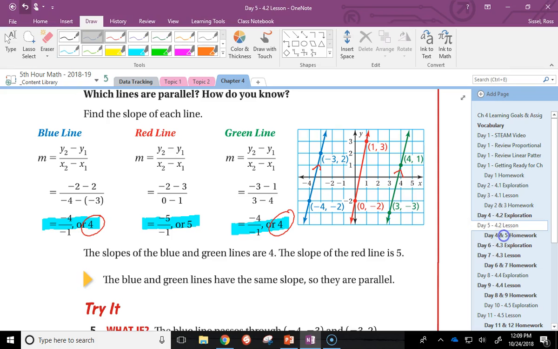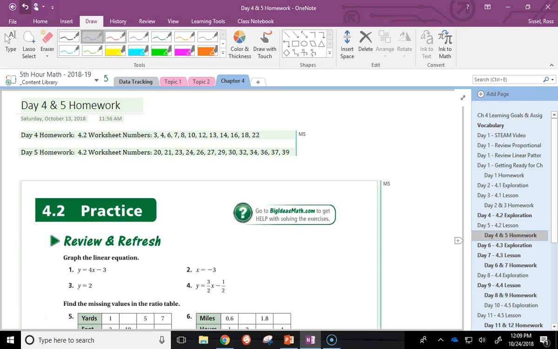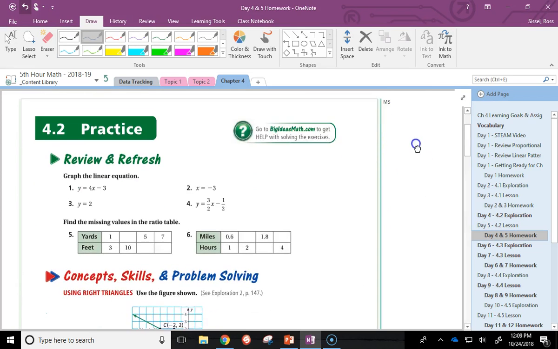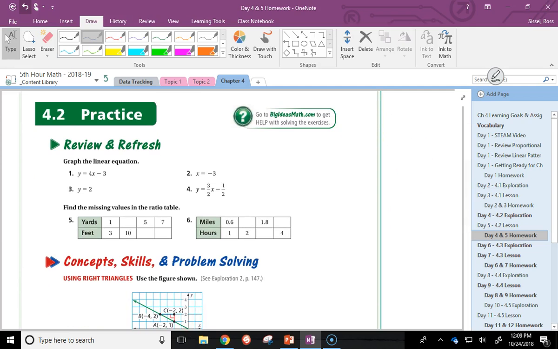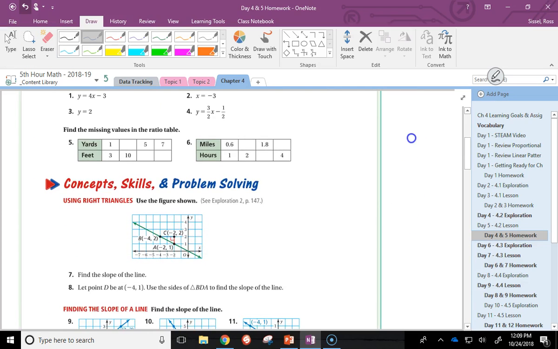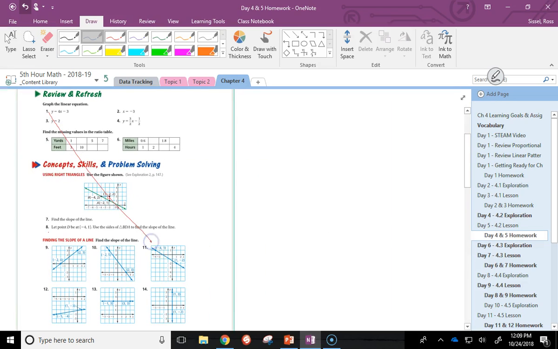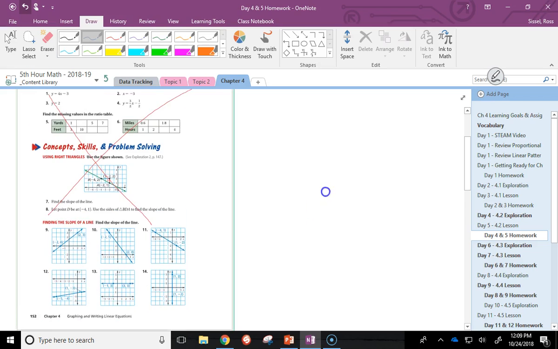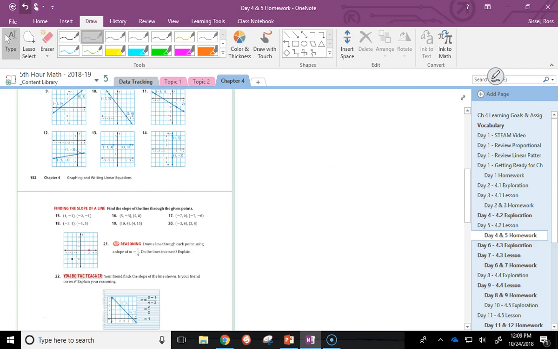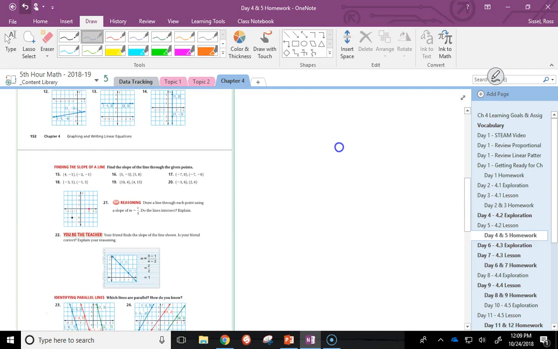Alright, your homework. I'm changing it from what it was. Because I'm wanting to assess you on, do you know how to find slope? Great. So, I'm taking away all this first part. I'm taking 1 through 8 all the way off. If you've already done some of that, because you did on yesterday, that's fine. I'm going to give you something extra later. You do have to do 9 through 24.